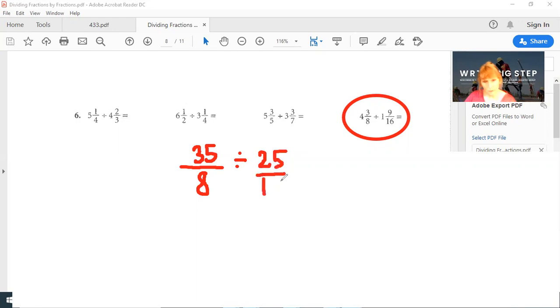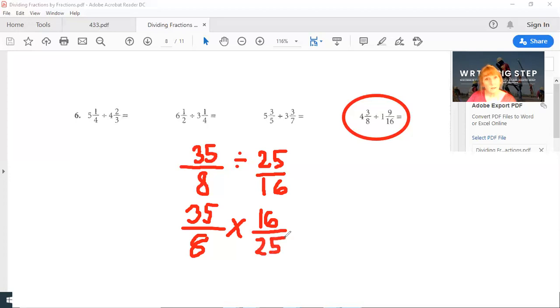Okay, now we do our keep change flip. Keep the first fraction, 35/8. Change the sign to multiplication and flip the second fraction. 16 becomes the top number. 25 becomes the bottom number.